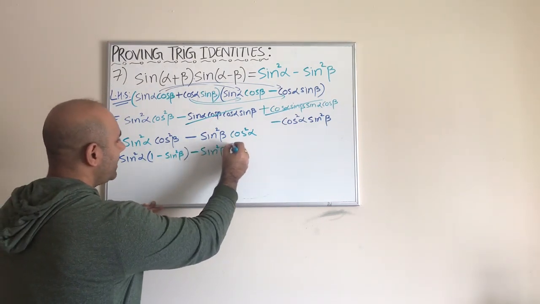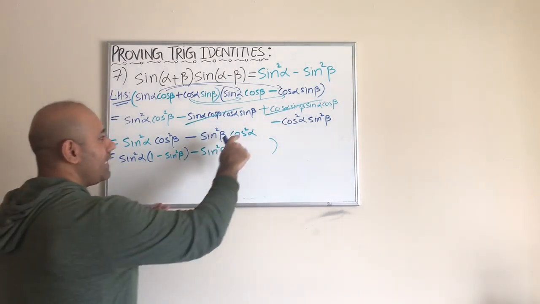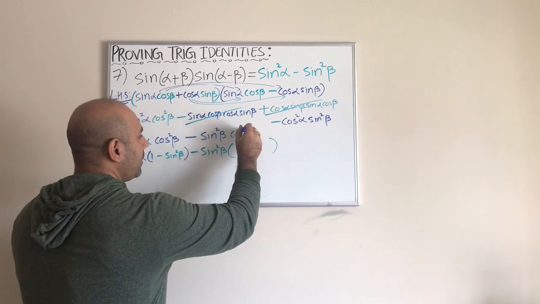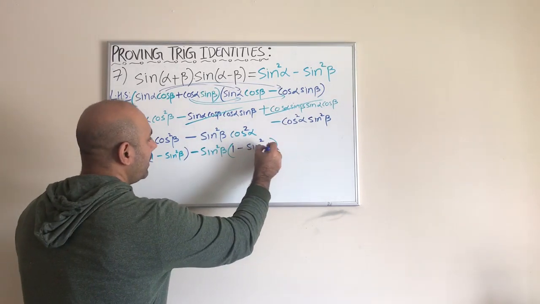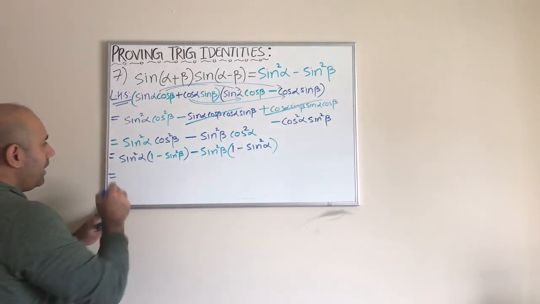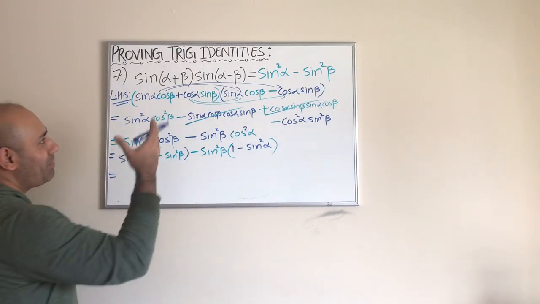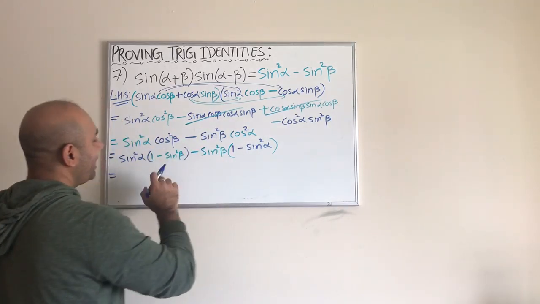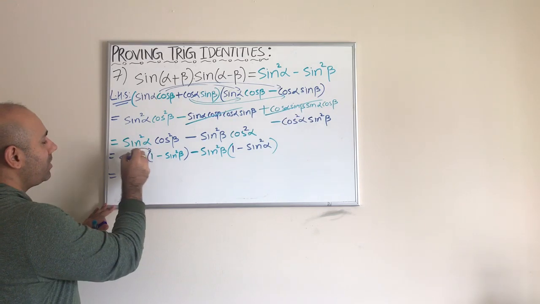I'm not going to change this, but the cosine squared alpha, I'm going to rewrite as 1 minus sine squared alpha. Obviously, we don't want all these terms. We just want 2 terms separated by a negative, so obviously, we want to simplify this, which means we want to distribute again.